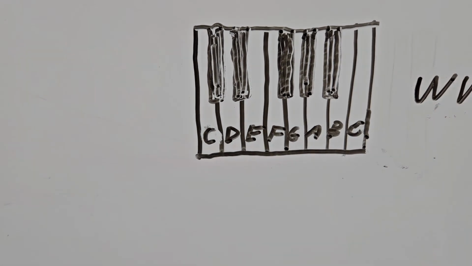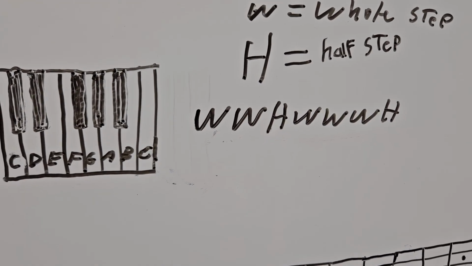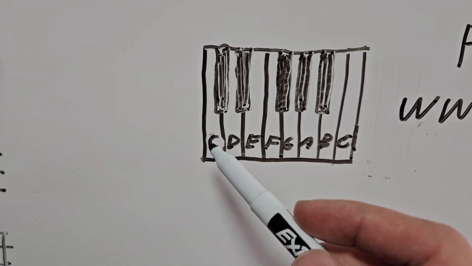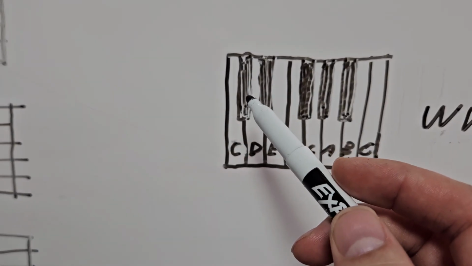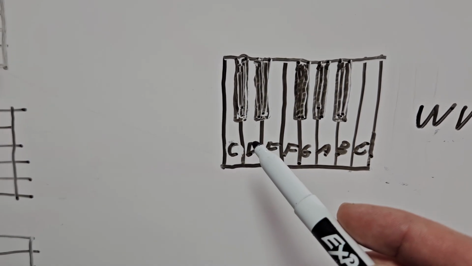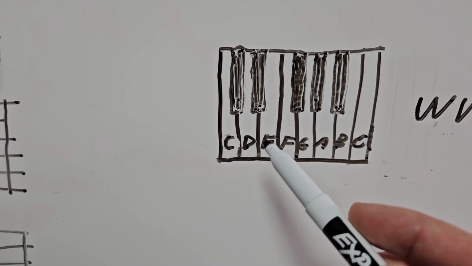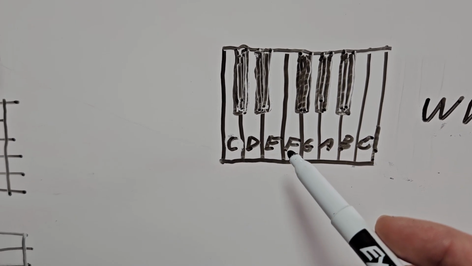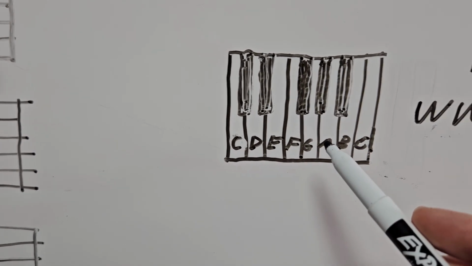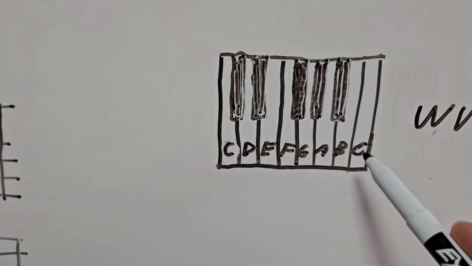Sorry, I can't draw either. But if we follow this pattern for the key of C, you can see you got a whole because we got this black key in between. So, whole, then whole again, a half, a whole, a whole, a whole, and a half.